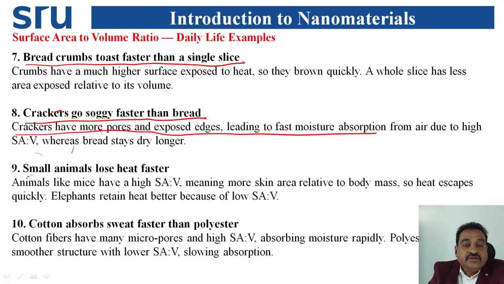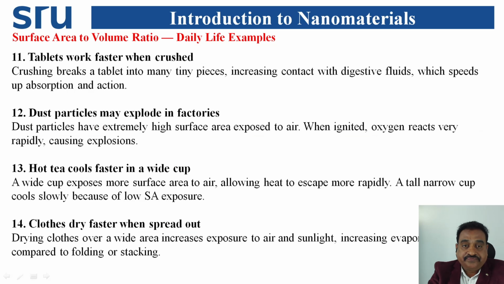Another one, small animals lose heat faster. Cotton absorbs sweat faster than polyester. Tablets work faster when crushed. You see here, dust particles may explode in factories.